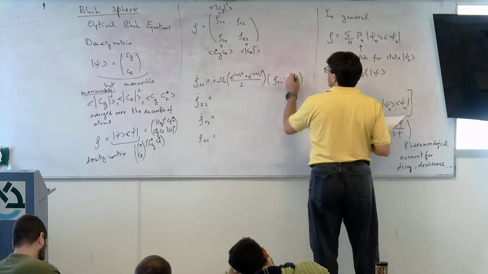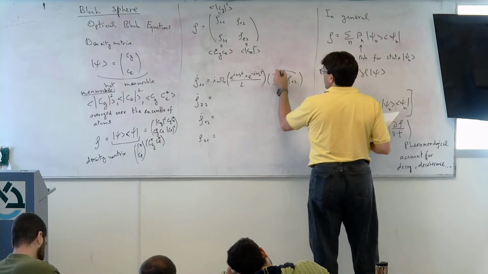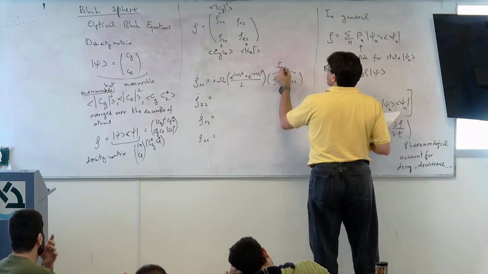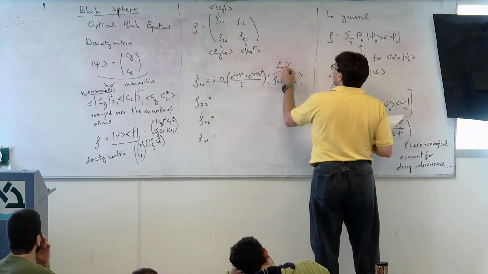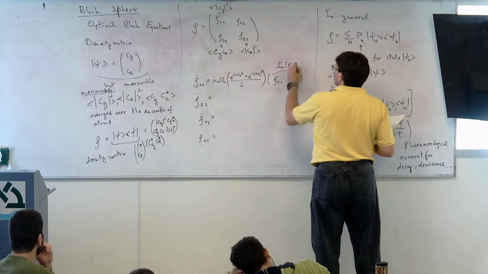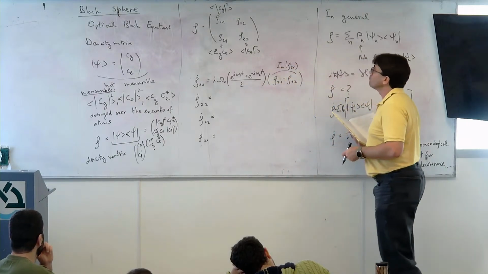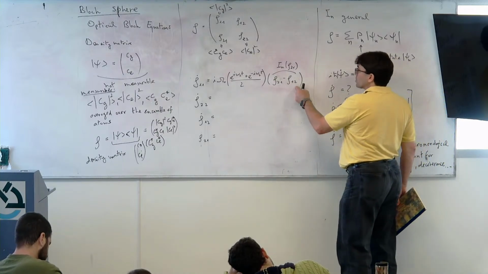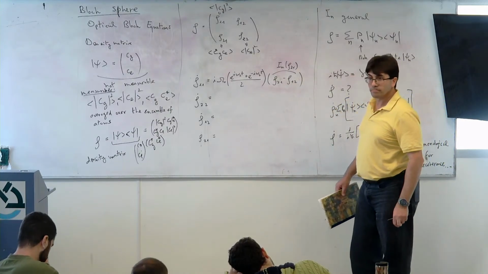Now this is simply the imaginary part of rho 2 1 or 1 2, because this equals that one conjugate.